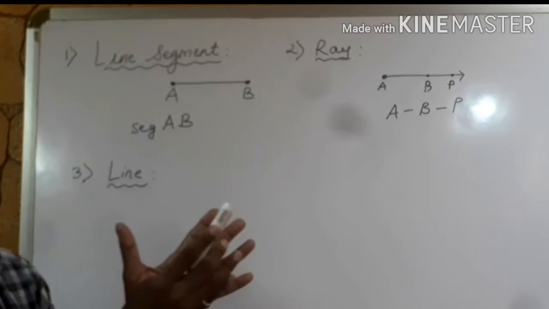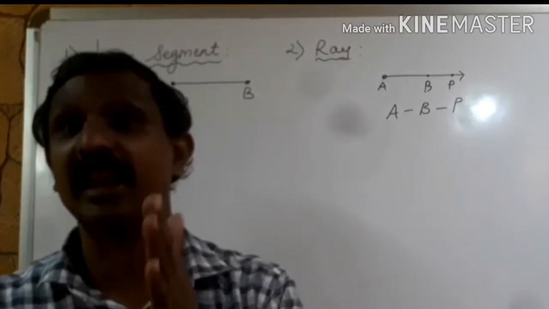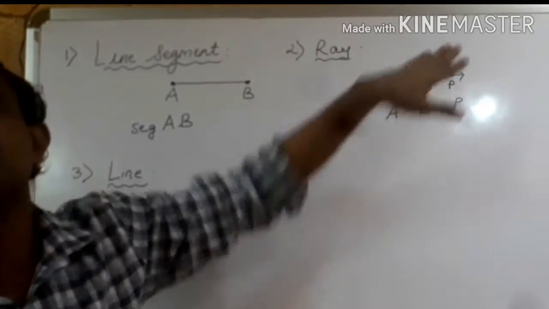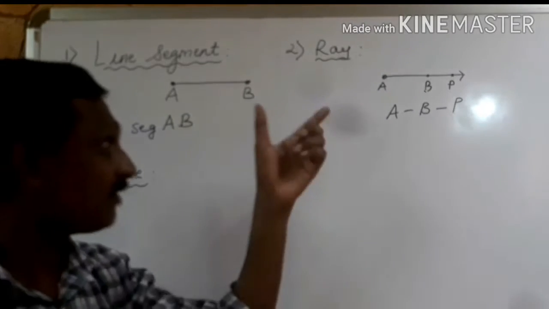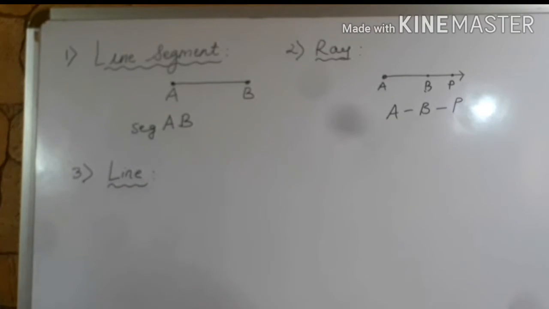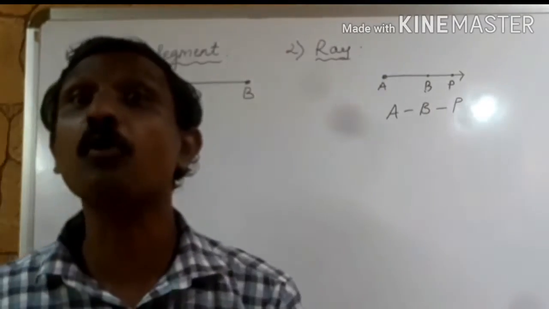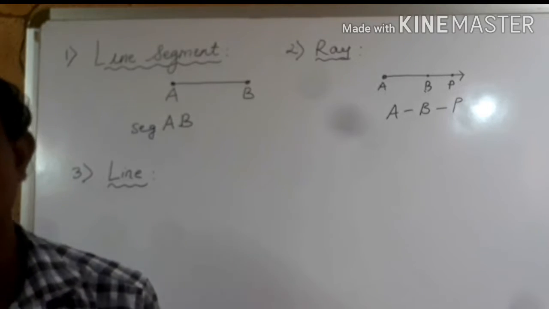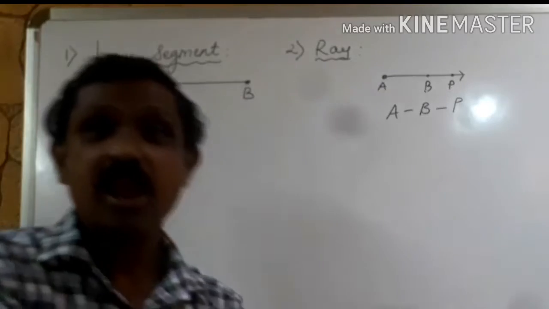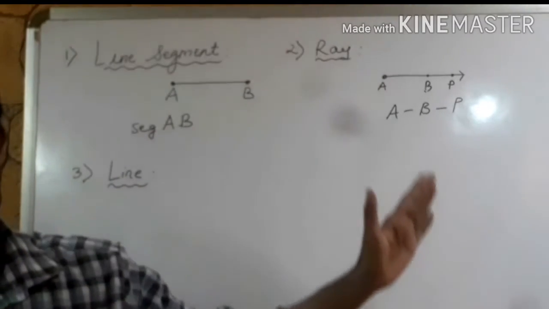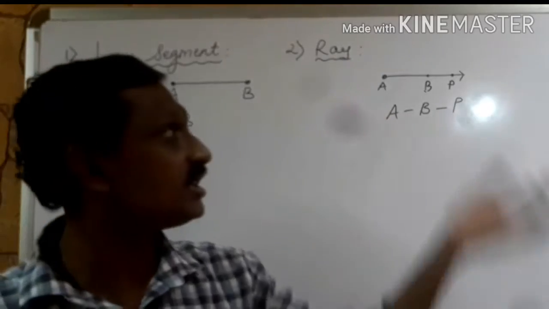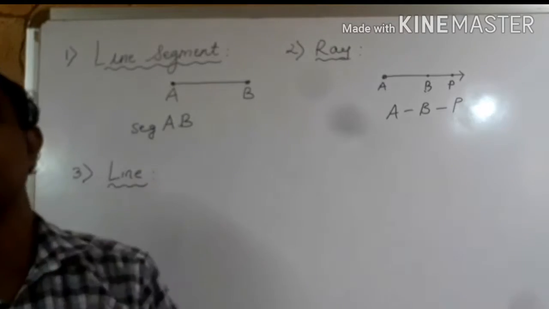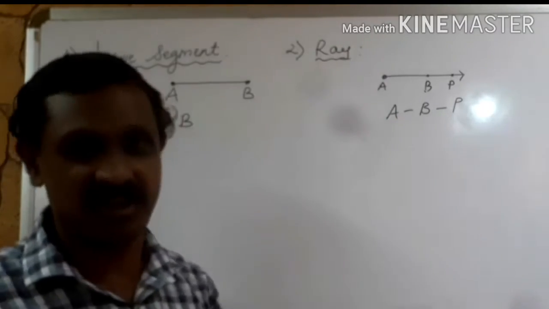The set of points of segment AB is a subset of points of line AB. I will repeat it again: the union set of points on ray AB and opposite ray AB is called line AB. The set of points of segment AB is a subset of points of line AB.